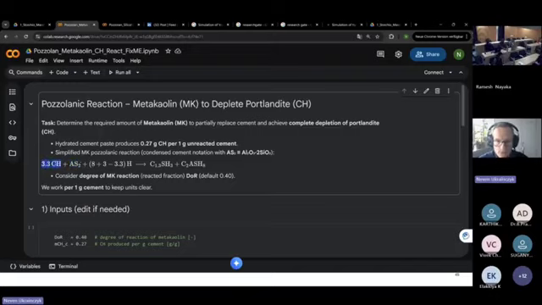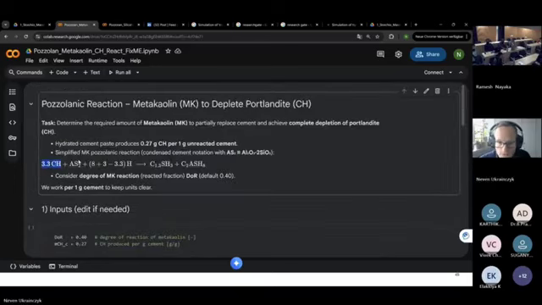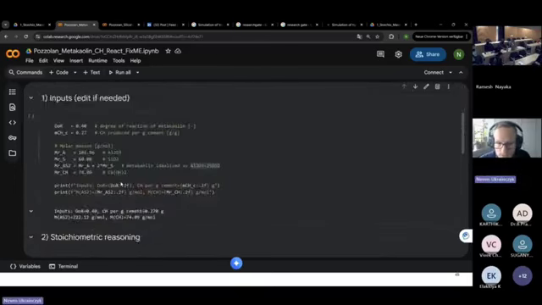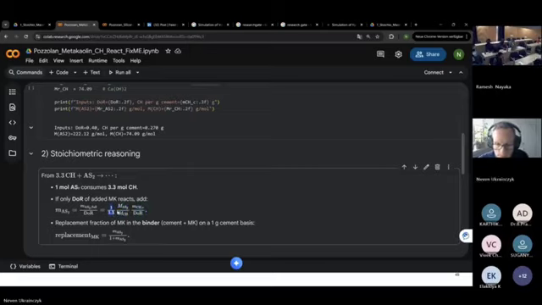So you should put the ratio of these two. So the molar mass of metakaolinite, because we should work with molar masses, in ratio to the molar mass of portlandite. Also, don't forget the stoichiometric coefficients ratio. And then this will give you the amount of metakaolinite per gram of portlandite in stoichiometric reaction.